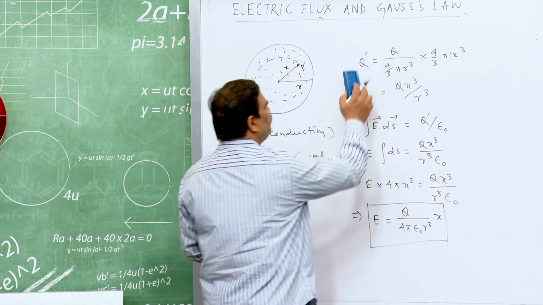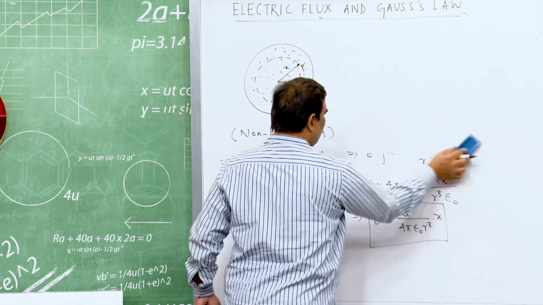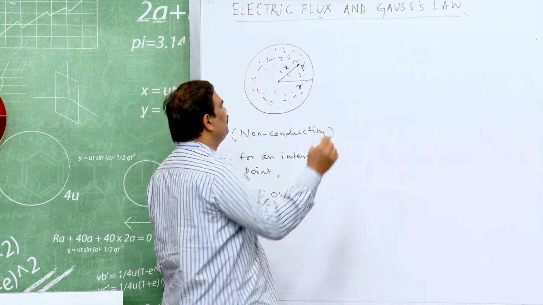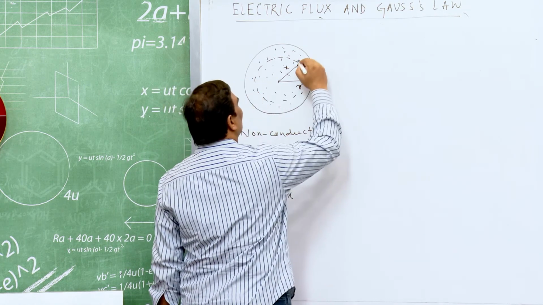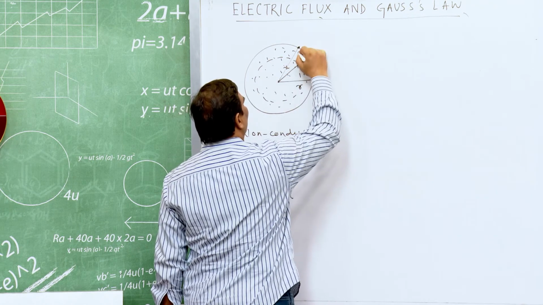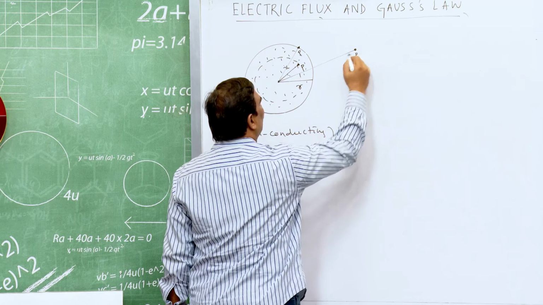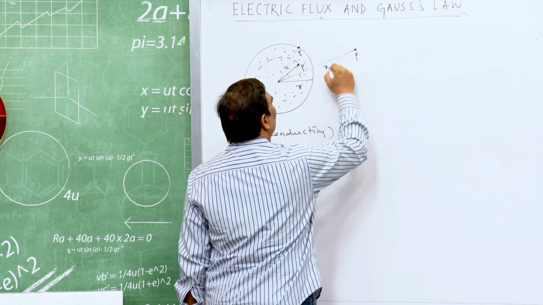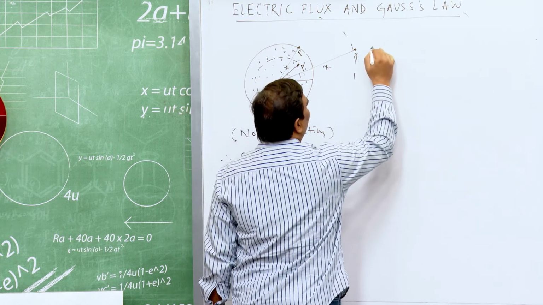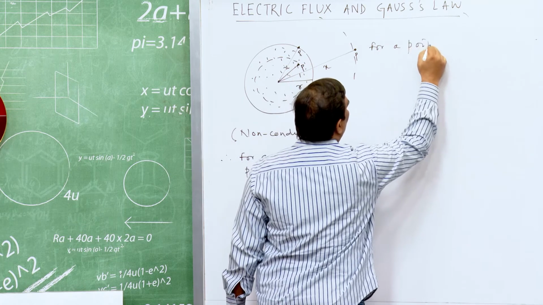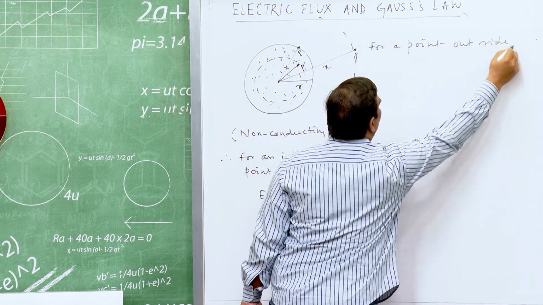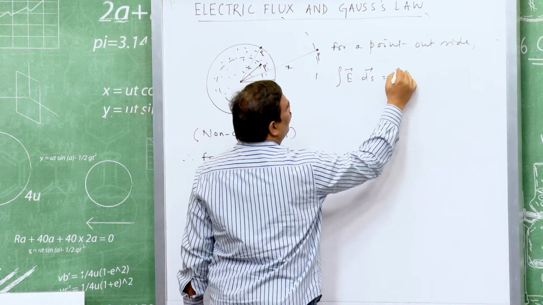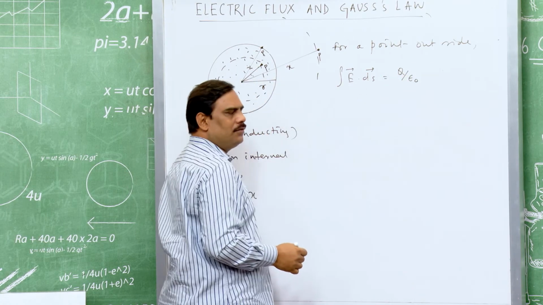Similarly, like the spherical shell and solid sphere, if I consider the point P on the surface and then at a point outside the sphere, for a point outside the sphere, the integration of E dot ds is the entire charge enclosed divided by epsilon 0.